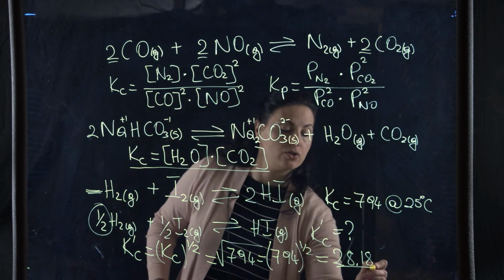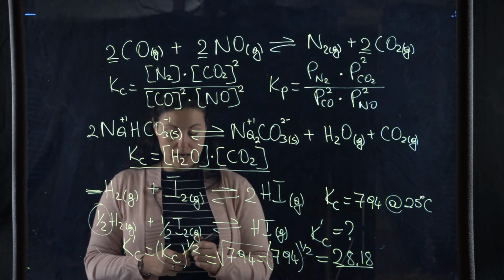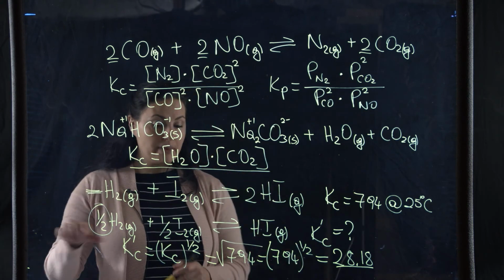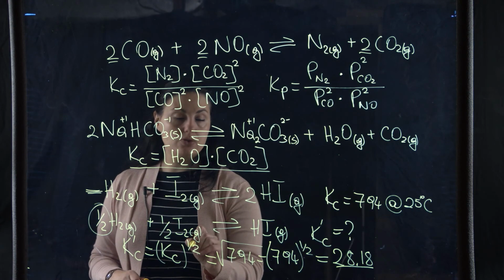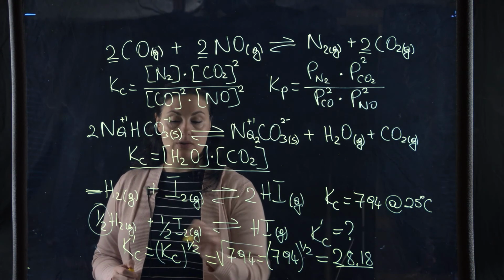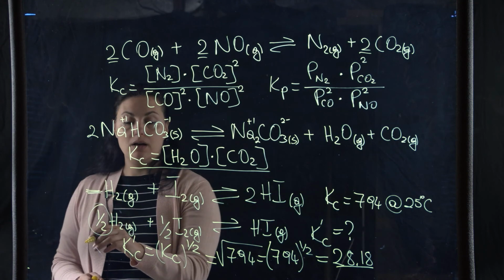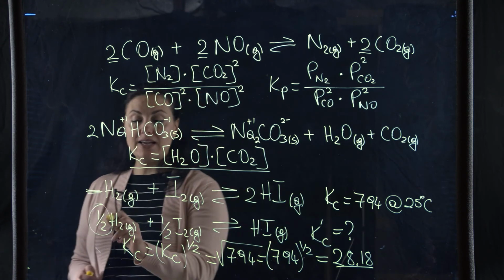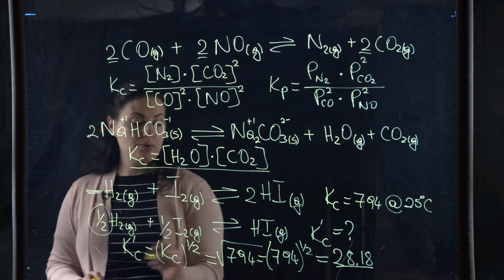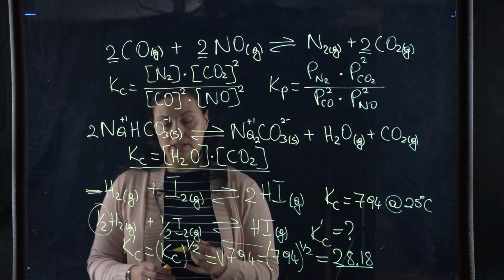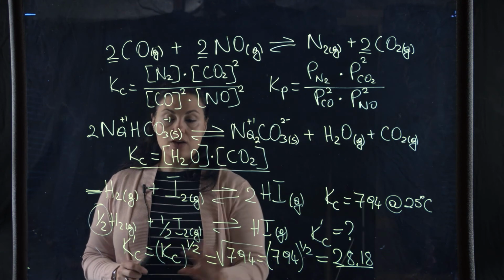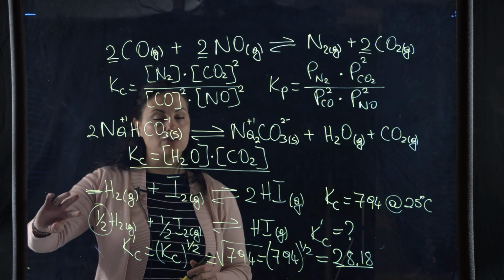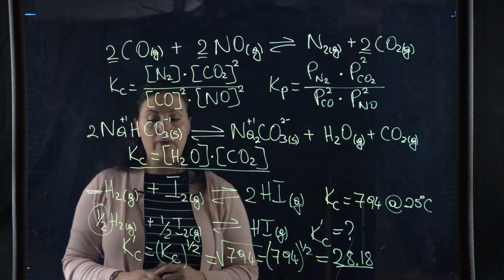This is the new value for the equilibrium constant if I have this reaction. If I multiplied it by 2, it would be Kc raised to the second power. If I multiplied it by 5, it would be Kc raised to the 5th power. If I divided it by 6, it would be to the 1/6, etc. So this is how you calculate the new Kc value if you manipulate the reaction by multiplying or dividing by a number.